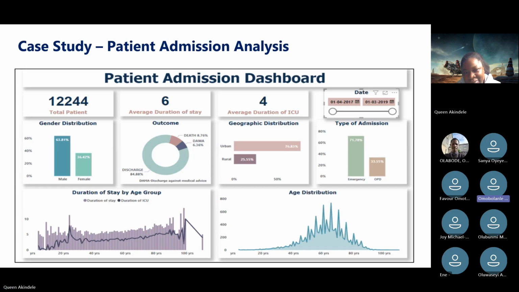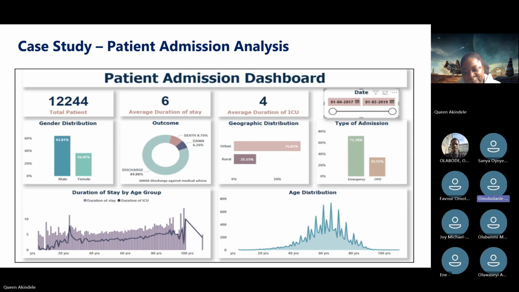And then it spoke about the geographical distribution of those people that were admitted into ICU. Were they from the rural or the urban area? And then the timeline between the 1st of April 2017 to 1st of March 2019.